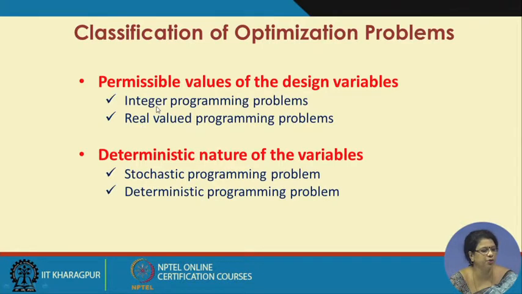That is why you need to learn how we deal with optimization models when they are of non-linear type and the only permissible values of the design variables are integers. It may happen that we have an optimization model with a combination of integer and real values. That also you need to know.